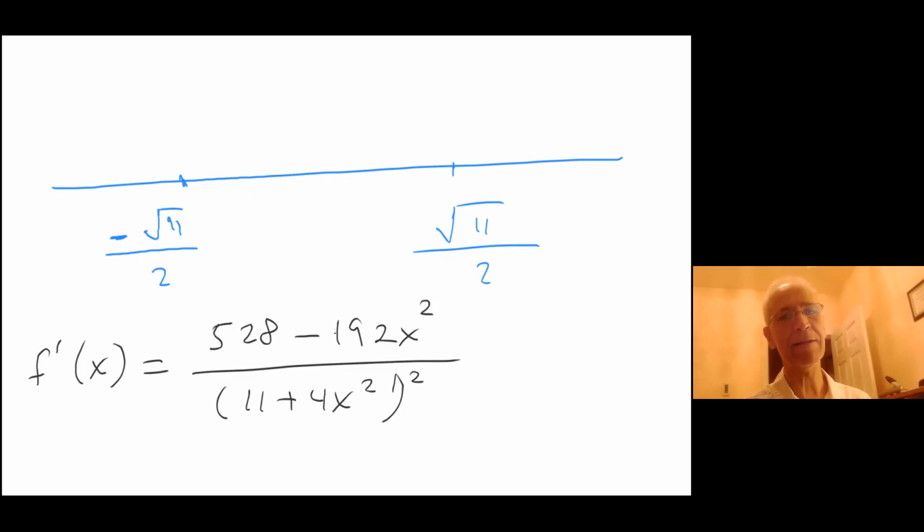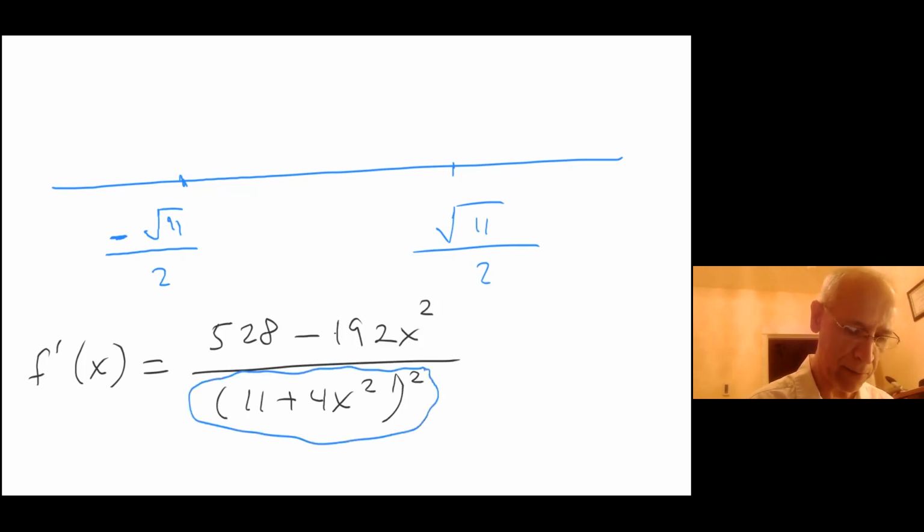So notice that in this case, the denominator will never be 0. The denominator right here will always be positive.